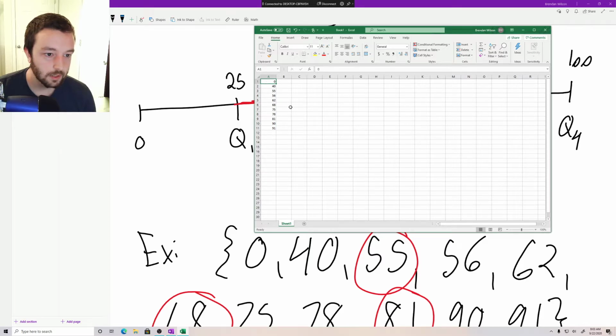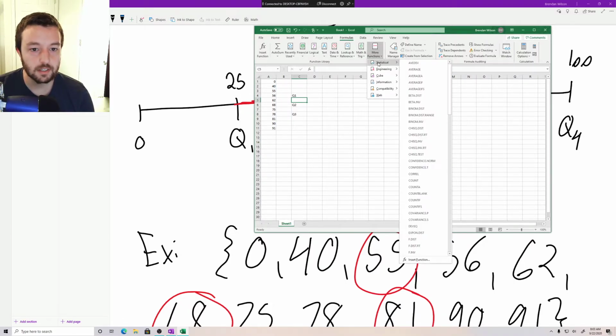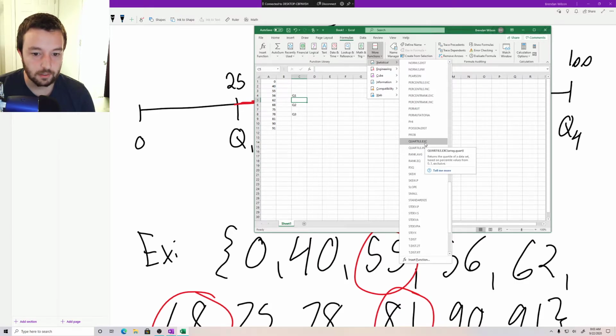So we're going to make some labels here: Q1, Q2, Q3. Okay. So we're gonna do the same thing. Start the same way as last time. We're gonna go to formulas, more functions, statistics, and then if you go down, you should find some quartiles. Okay, so there's quartiles included or quartiles excluded.